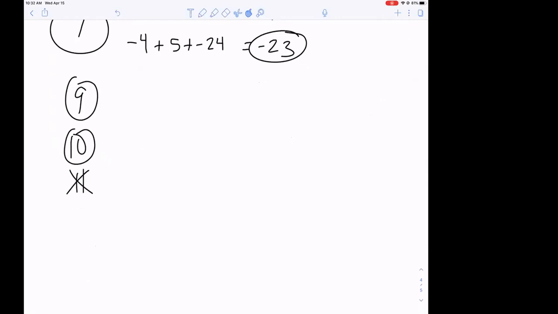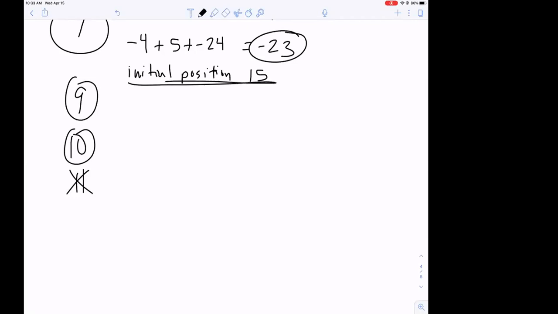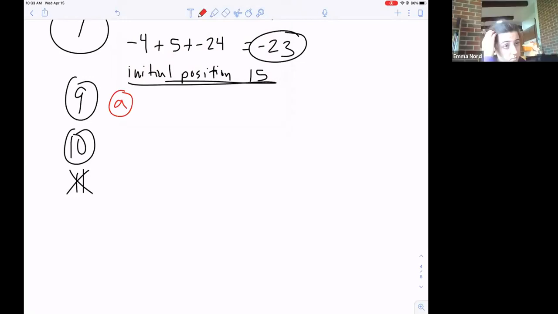because this is a velocity graph, is what it tells us. So number 9 says give the positions of the particle at A, B, and C. You have to know that its initial position was 15, which it tells you in the directions above. A would be, where does it end up after A?